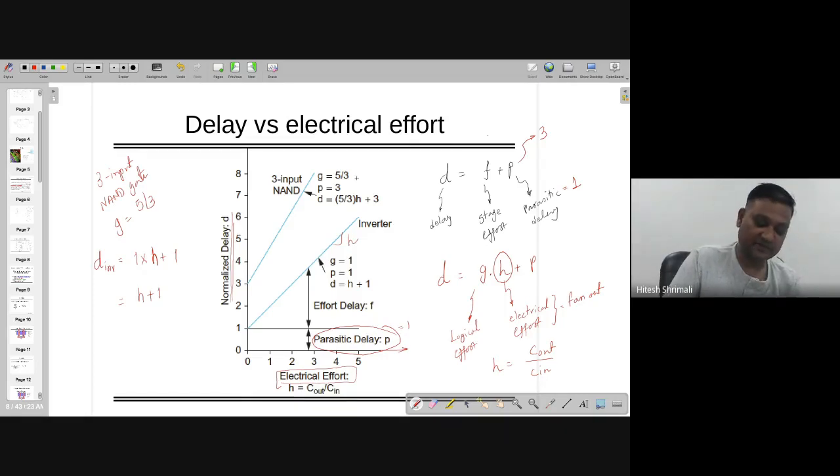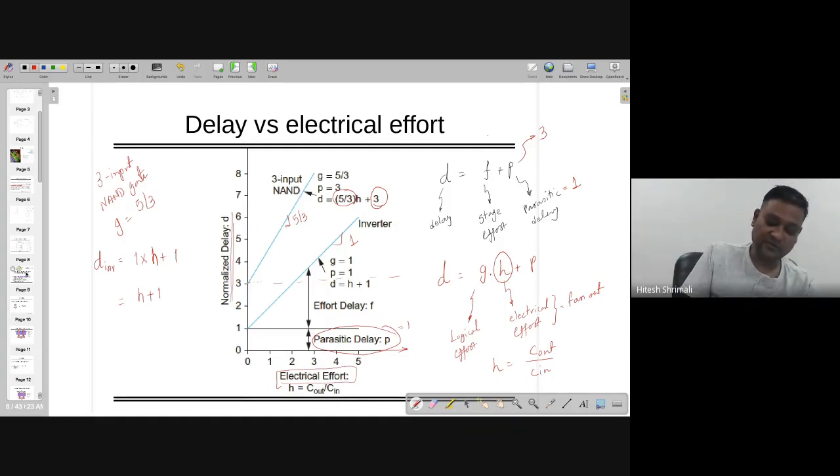But if you're looking at a 3 input NAND gate, for a fixed logical effort, sorry, here I made a mistake. The slope is 1 here and the slope there is 5 by 3, and the offset starting is actually 3, because 3 is coming from here. So this is from the standard line equation, right?